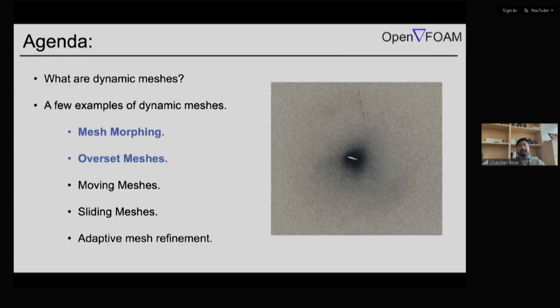With that brief introduction, let's look into the features of dynamic meshing within OpenFOAM. As you have already got the idea from the rest of today's session, OpenFOAM is a very broad code library that can be used for multiphysics simulations in a very broad term.